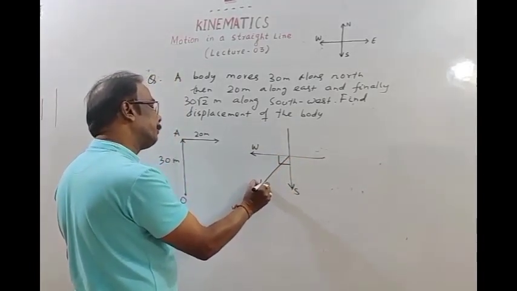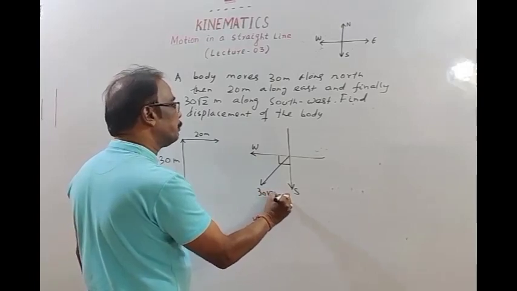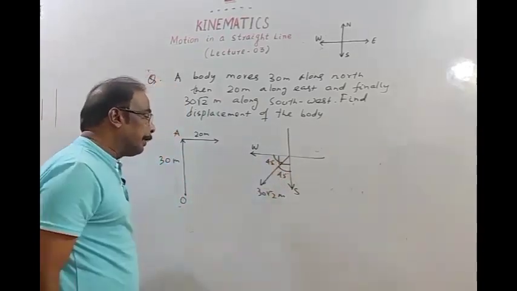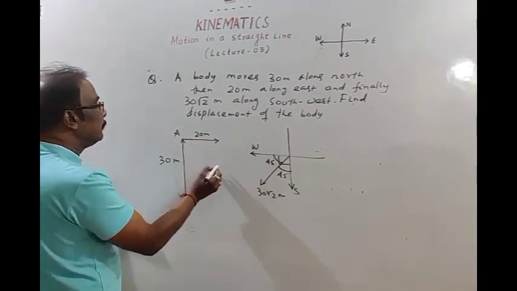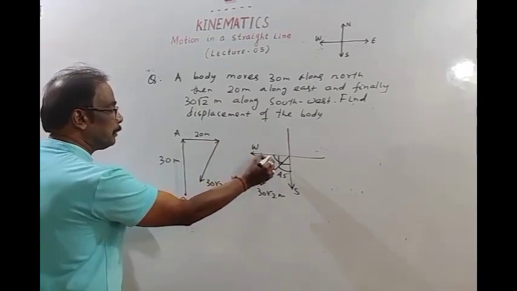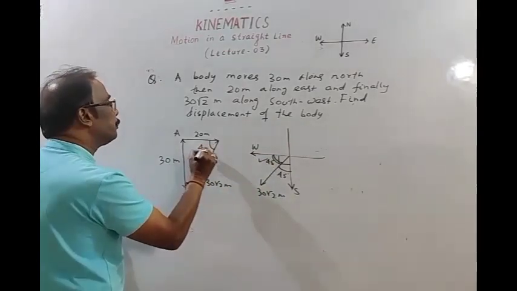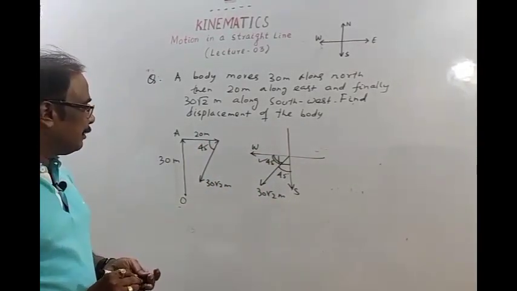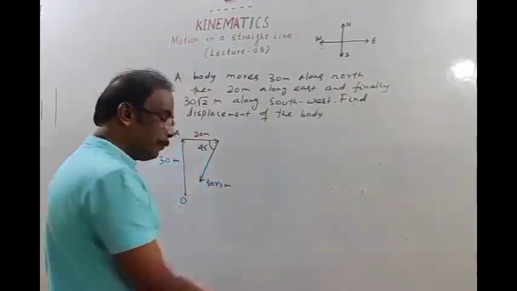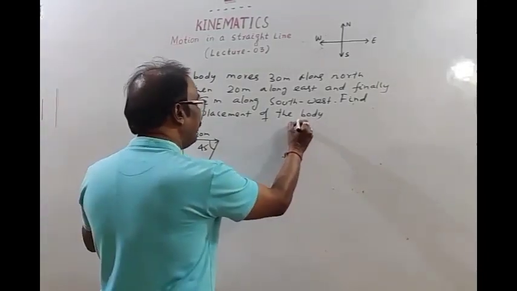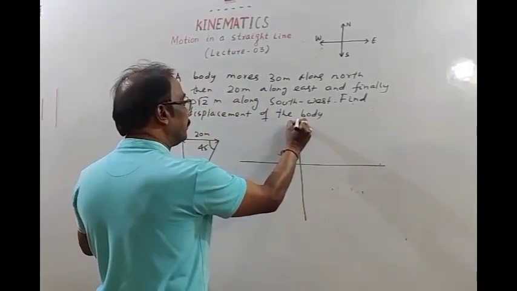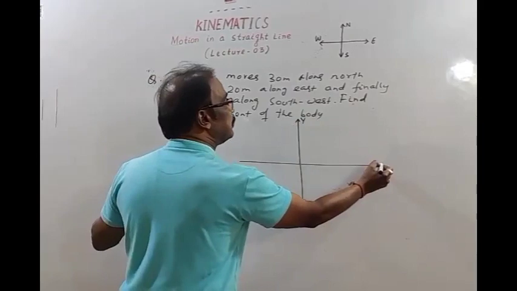So obviously this angle is 45. Okay. I am representing here in the rough diagram. Final displacement is 30 root 2 meter. So this angle is 45. This question will be very easy if you use coordinate system. Okay. Let's take Cartesian plane. This is y-axis, this is x-axis.